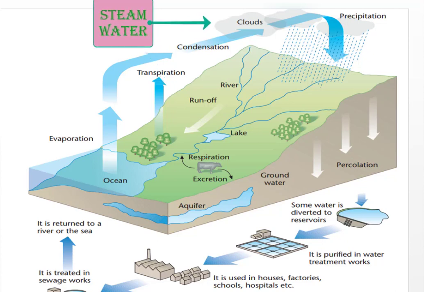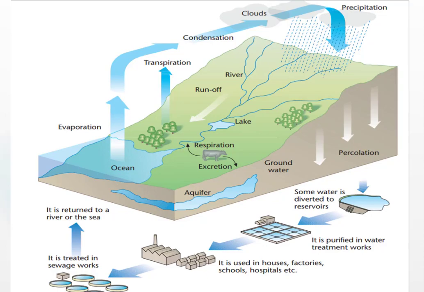Then it gets condensed when the atmospheric temperature gets low and changes to cloud. Then when the temperature becomes extremely low, it changes to precipitation. This precipitation gets back to the ground and aquatic environment in the form of snow and rainfall. So the water cycle just continues in this way between living organisms, the atmosphere, the ground, and the aquatic environment.